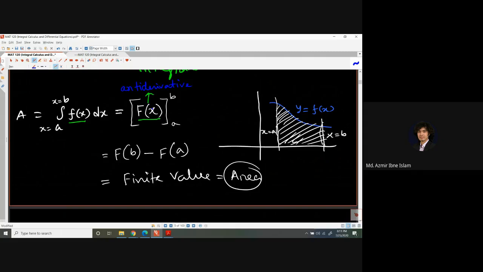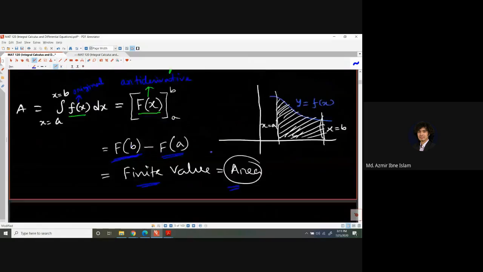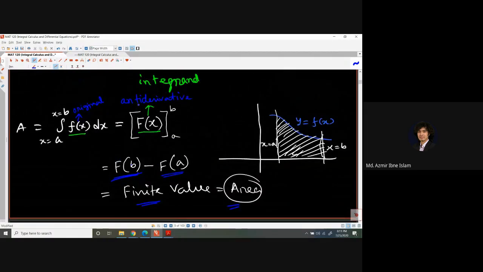So this is the antiderivative, and this is the original function. If we input b in the place of x, that means antiderivative at upper limit b, negative antiderivative at lower limit a, that will give us a finite value. That is known as the area under the curve from x equal to a to x equal to b. Now let's focus on this antiderivative part.